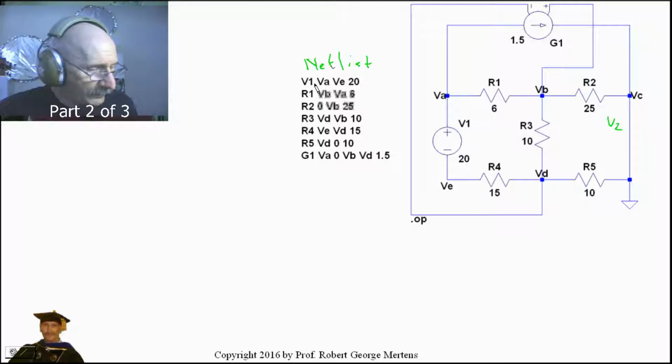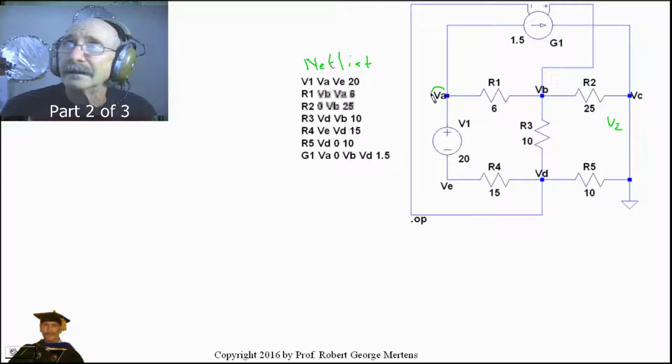Now, for this second part, we're going to work around nodes VA, VB, and VD. Alright, so let's start with VA. We're looking at the currents away. So the first one, of course, is this one again.